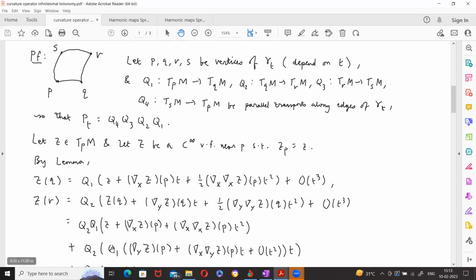This will become q1 of nabla y z at p plus nabla x of nabla y z at p into t plus O of t squared. Do you understand? This q here I can replace by p by applying the Taylor formula with respect to the vector field x. So I'll replace this term here and also this term here.